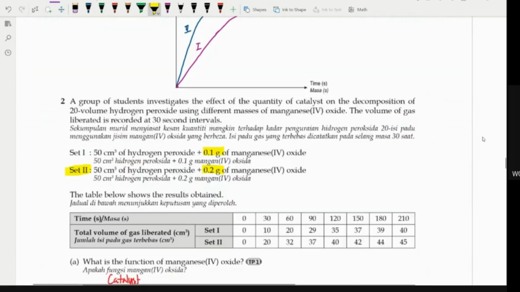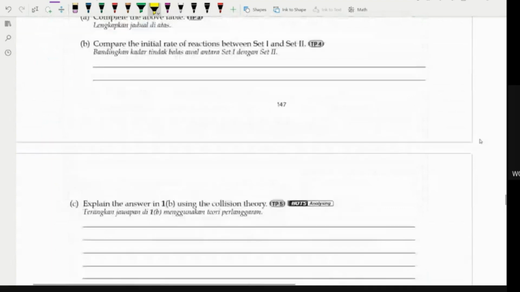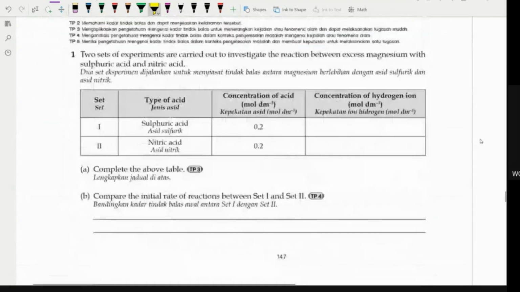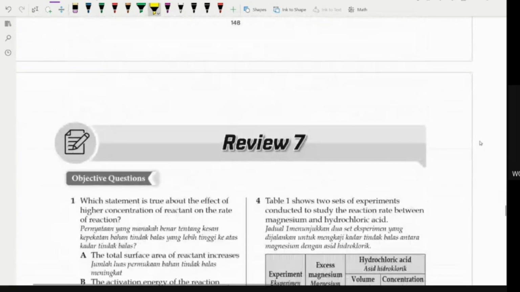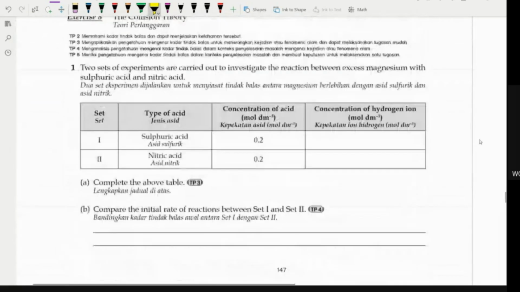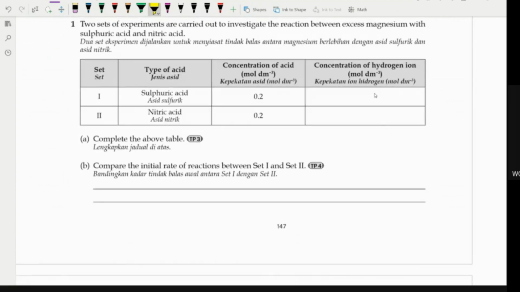Now we try to solve the questions at the back. Okay, sulfuric acid here. Complete the table above. So 0.2.